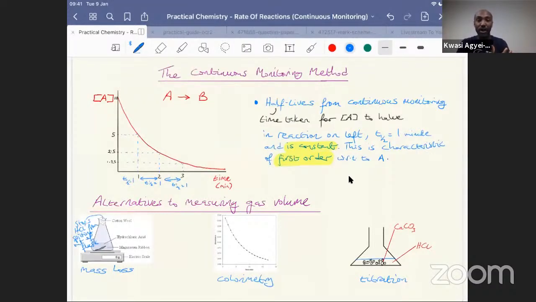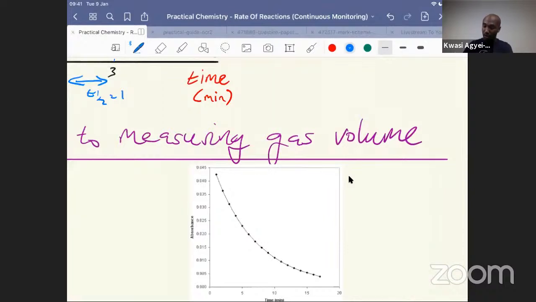If you've got a bromine water that's yellow, maybe a bit orange in color, and you're monitoring how quickly that bromine gets used up, you could use a colorimeter to measure the absorbance of light of a specific wavelength. My guess would be around blue perhaps, and that would then tell you in real time and quantitatively how much bromine there is left at any point in that reaction as your bromine water gets decolorized.